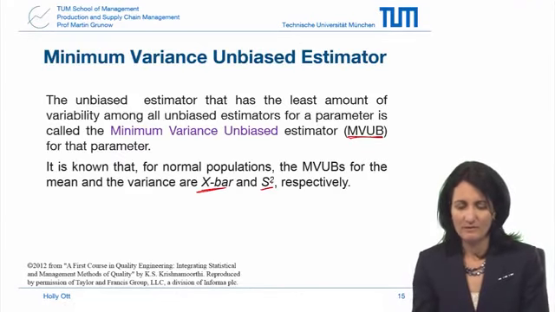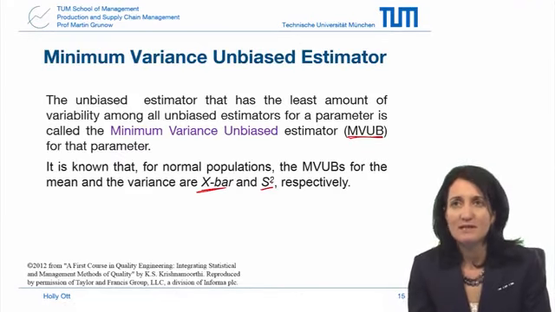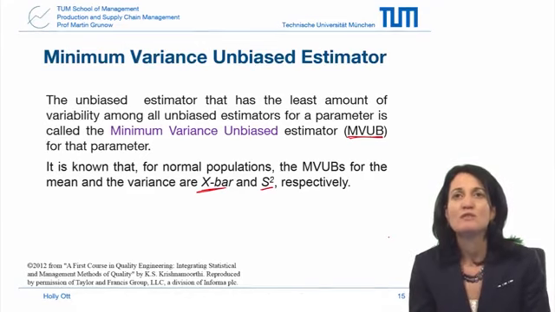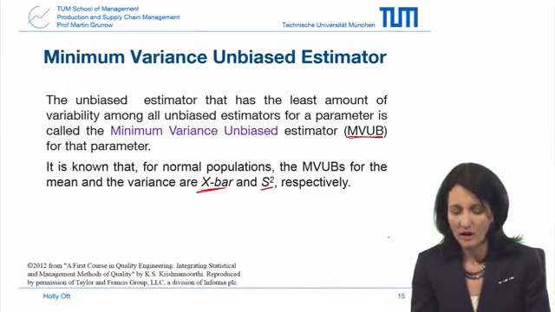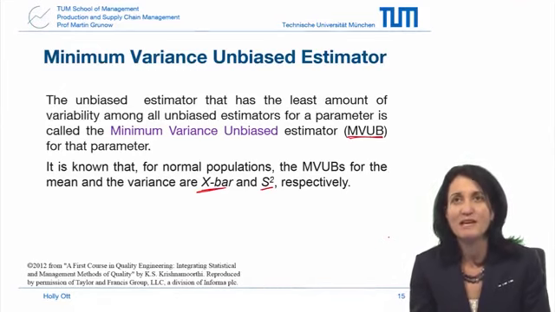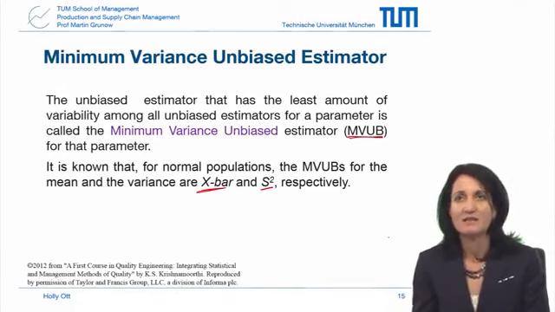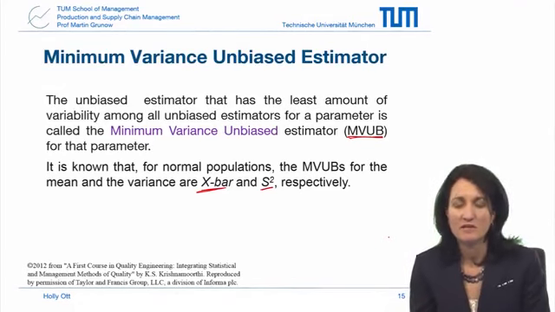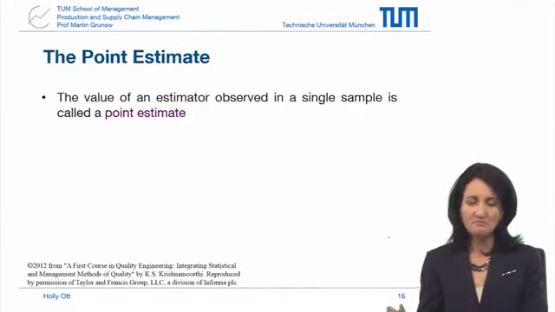So we can use these as good estimates for the mean and variance of the normal population, and use these two statistics to make inferences about the mean and the standard deviation, or the variance of our normal population.